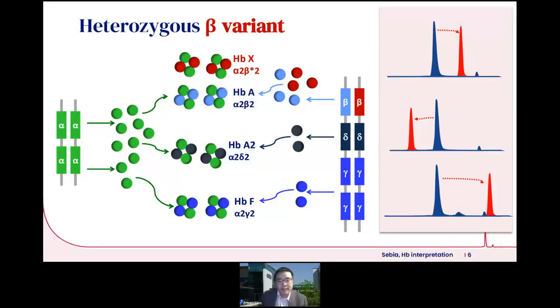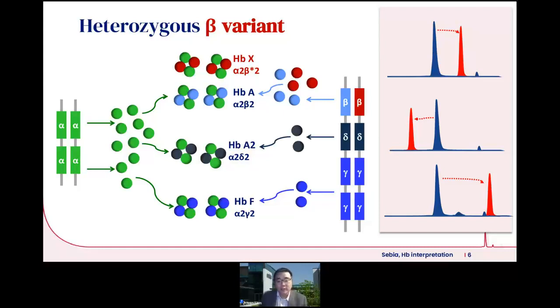So what happens when one of the beta chains is mutated? Remembering that you only have 2 copies of the beta gene. So with that mutation, you divide your hemoglobin A into 2 peaks in the capillary electrophoretic profile.